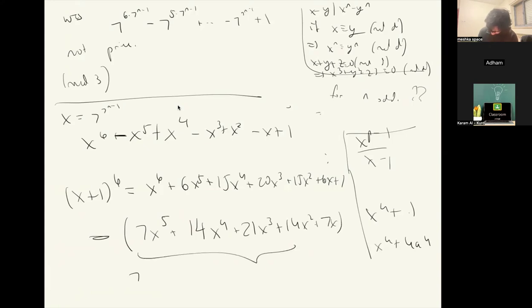And this thing is equal to 7 times x times x squared plus x plus 1 squared. Right. Okay, so what does it mean? This thing: x plus 1 to the sixth minus 7x times x squared plus x plus 1 squared.